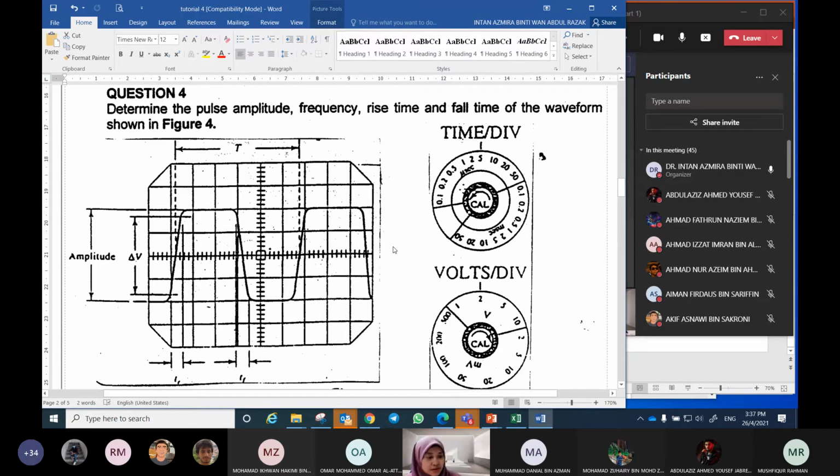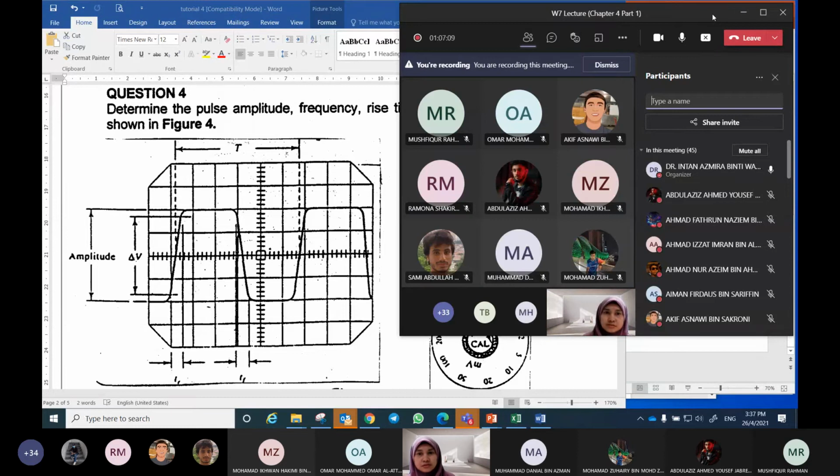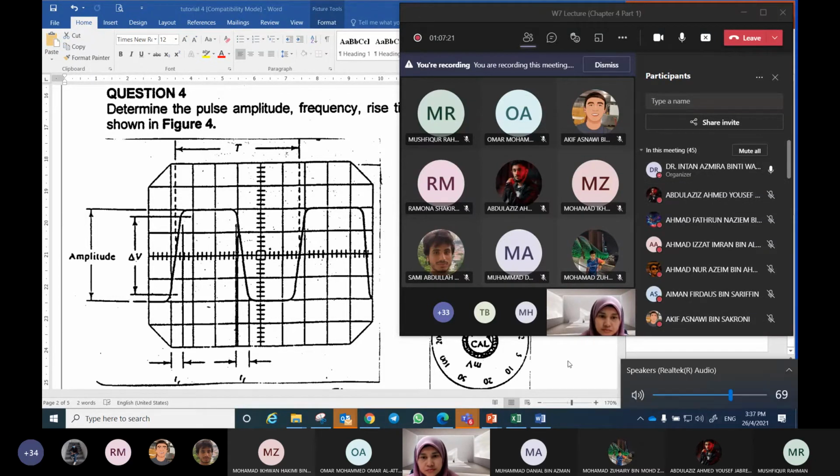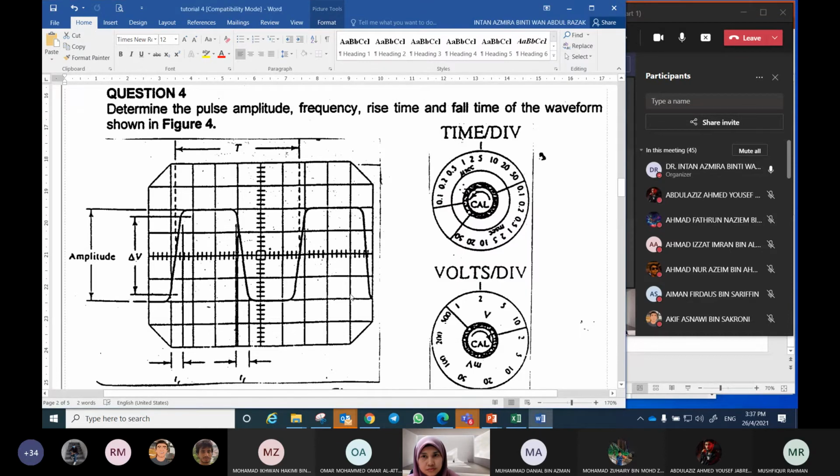Akmal Rakin, how to calculate period? Where is Akmal Rakin? Is he there? Okay, how to calculate? Good, full 1 cycle.